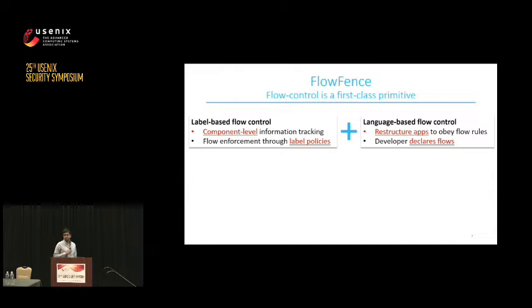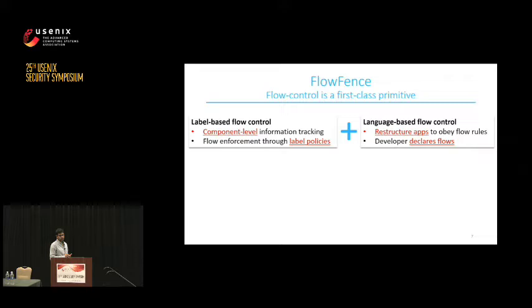So therefore, we built FlowFence, a system where flow control is a first-class primitive, and FlowFence is specifically geared towards the IoT application consumer domain, and it solves IoT-specific challenges. It builds on research from 2 areas. Similar to label-based flow control techniques, it tracks information at the component level and enforces flows through label policies.